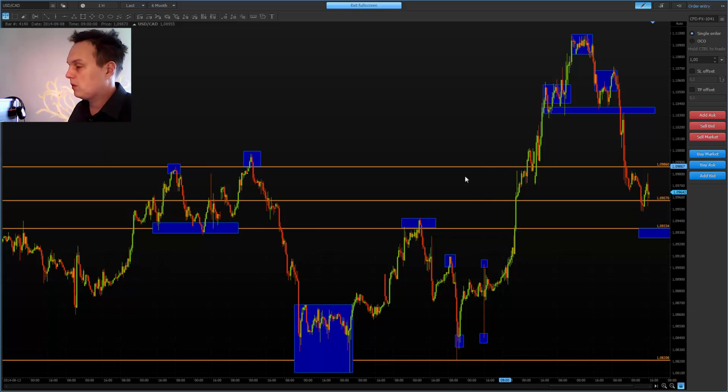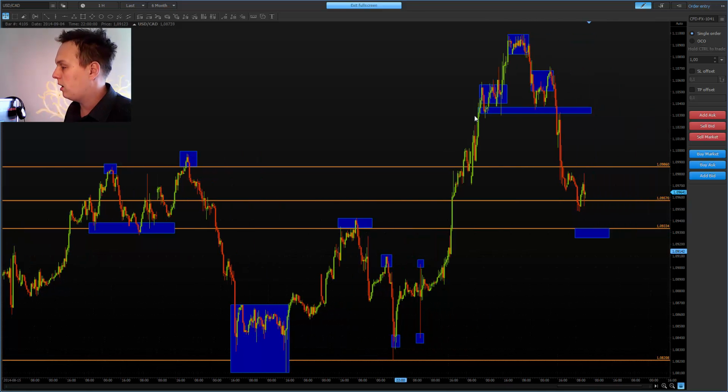If we are in an uptrend, price will tend to break resistance levels, and supply zones would be significantly weaker. Why is that? It's because there are more buyers than sellers in general, and that's why this trend exists. That's why we have a rising trend, okay, upward trend.